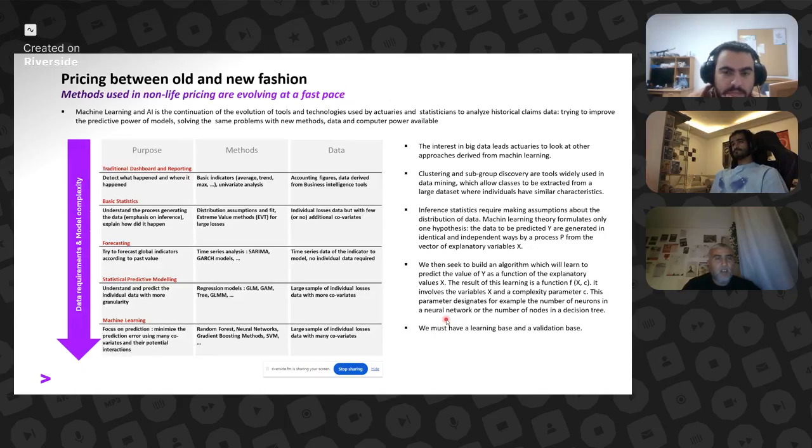That's why we have this evolution in terms of complexity of methods and also availability of data. We start with classical dashboarding using basic indicators like average, trend, max, mean, and so on. After that, we move to other statistics like extreme value methods.